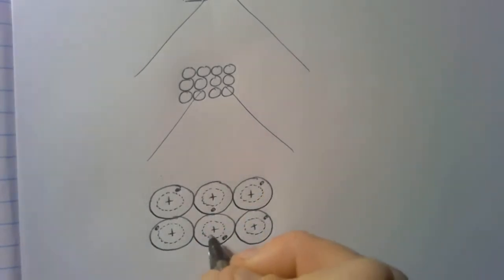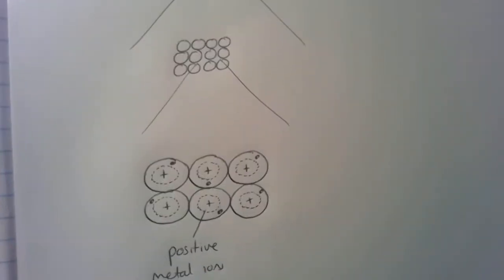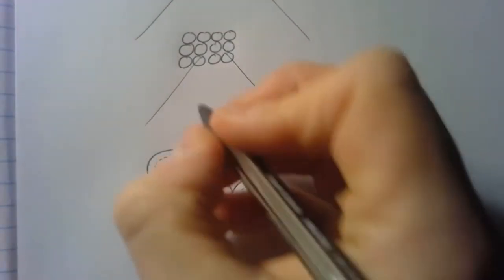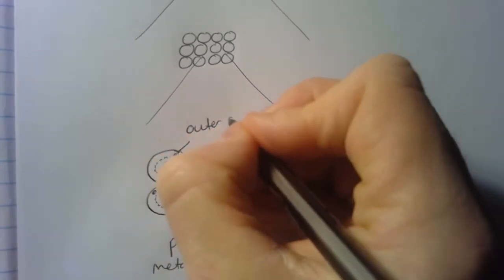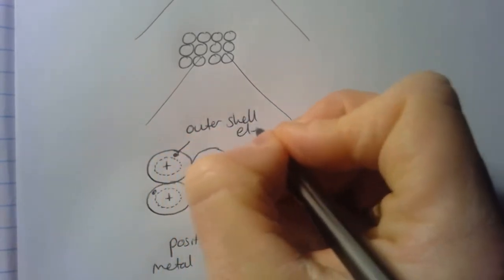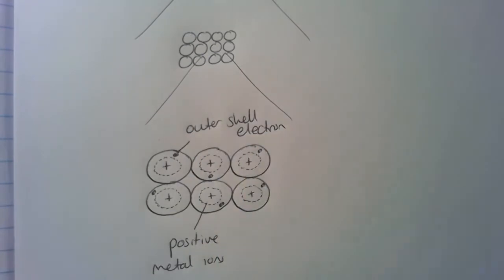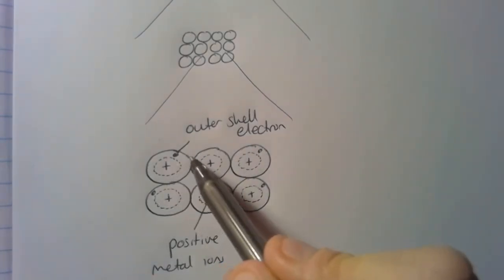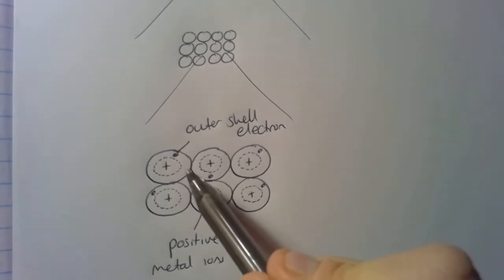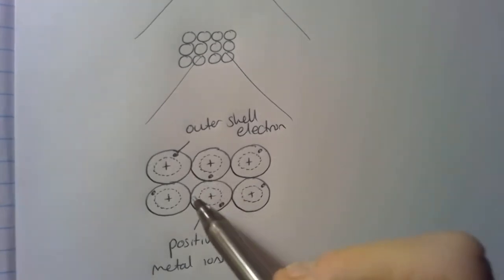So what we've basically got are positive metal ions, and here we've got the outer shell electrons. Now, because these outer shells are all touching, they actually overlap slightly.